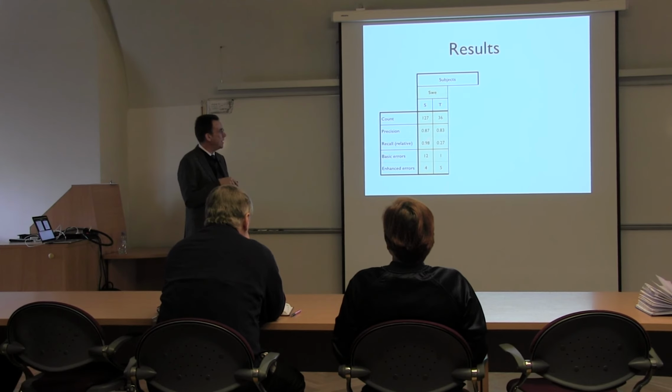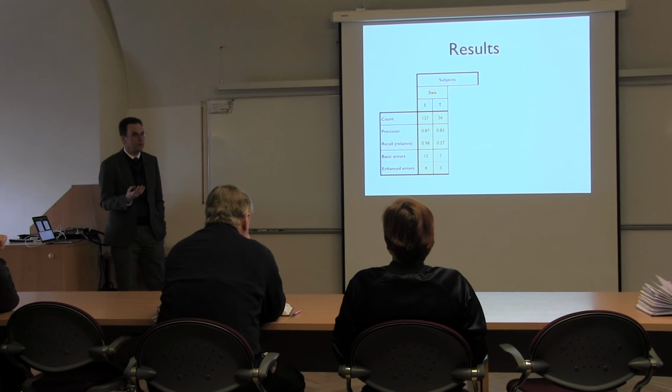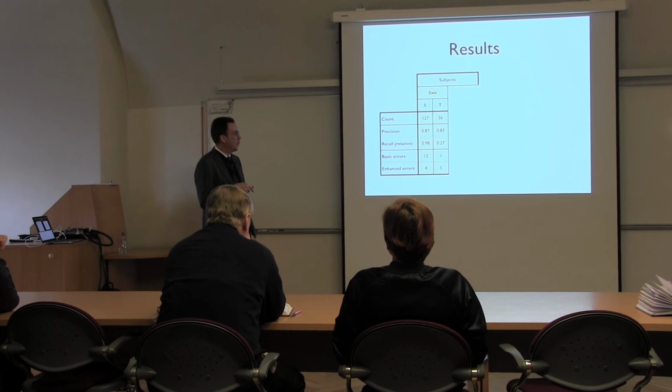We see that the English system nevertheless has slightly higher precision. This has to do, as I will show in the error analysis, with the fact that it does handle object control, which the other system doesn't. And of course, the relative recall, all we can see here is that the Finnish system only captures about 25% of the cases that the English system does.